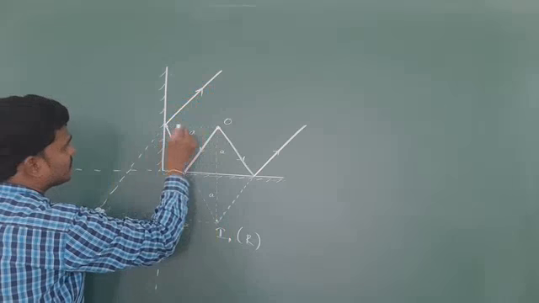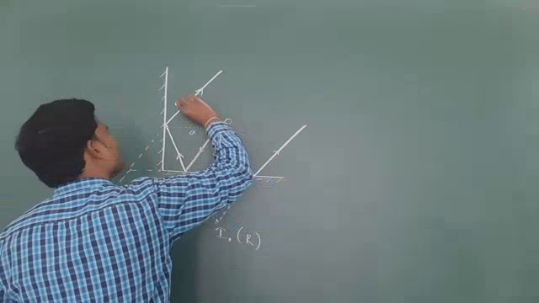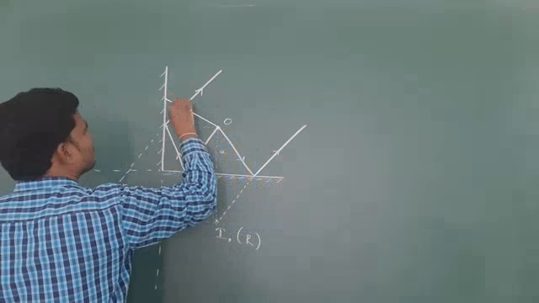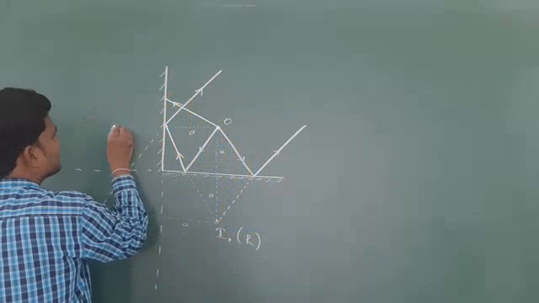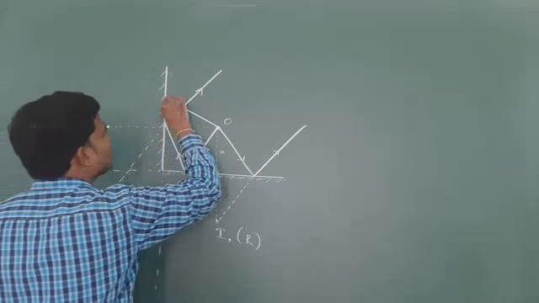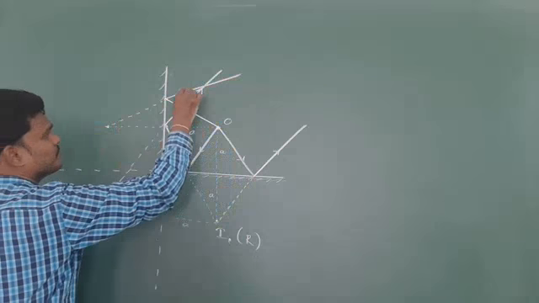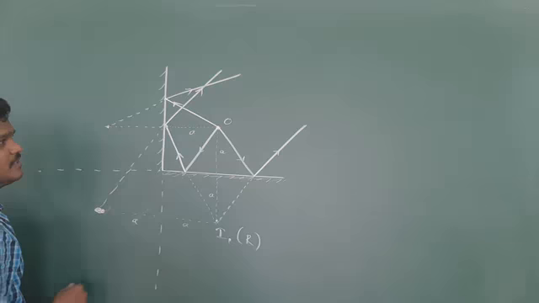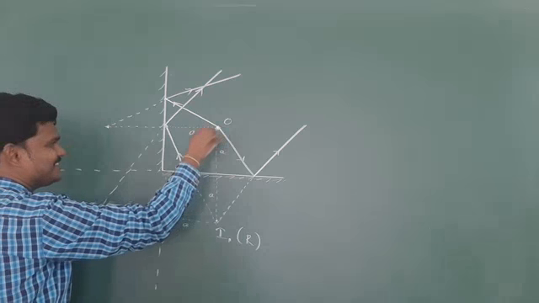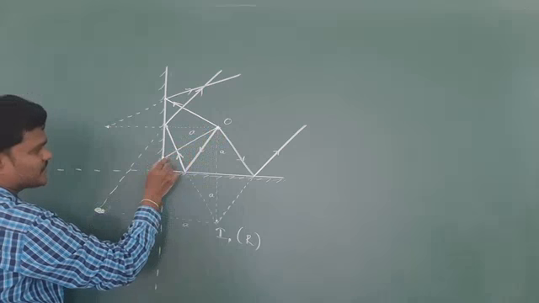And because of this you draw one more light ray and extend it. Something complicated. If I extend, this is one image, this is one image. You draw one more light ray, which undergoes reflection.